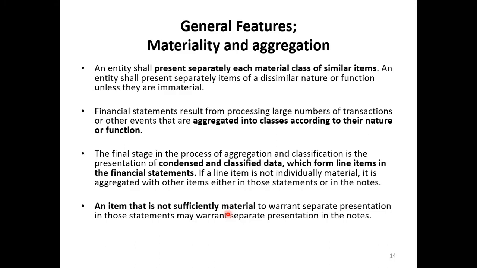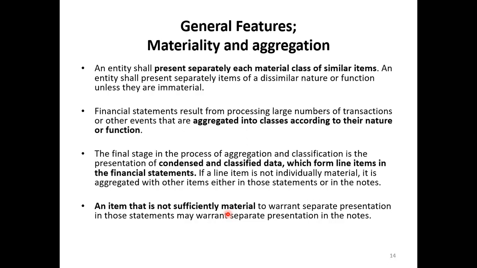Financial statements result from processing a large number of transactions or other events that are aggregated into classes according to their nature or function, right? Throughout the 12 months there are so many transactions, but we couldn't find those transactions in the financial statement.